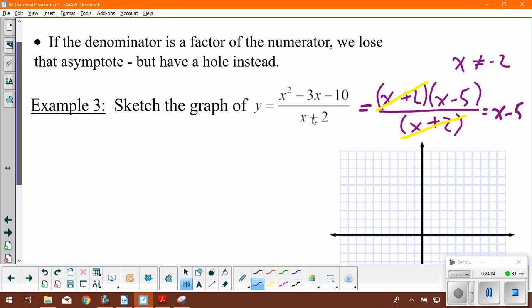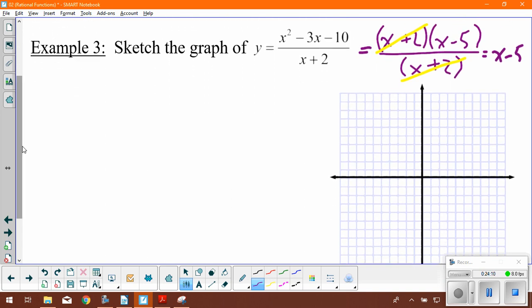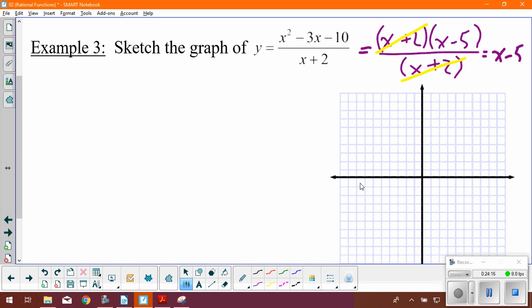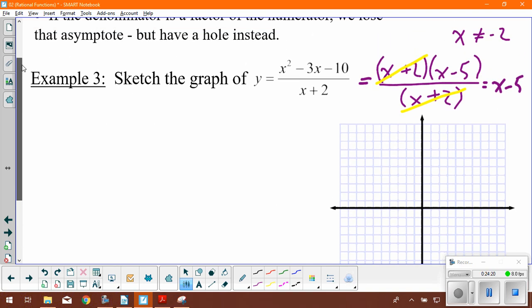So what looked like a rational expression, for the most part, is just that line, x minus 5. So I'm going to draw that line, but the only exception is that I have a hole. It says x cannot be negative 2. Even though I've simplified this, originally, I can't have a value at negative 2.